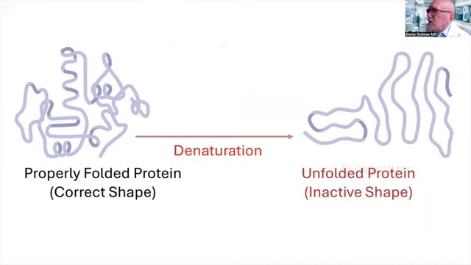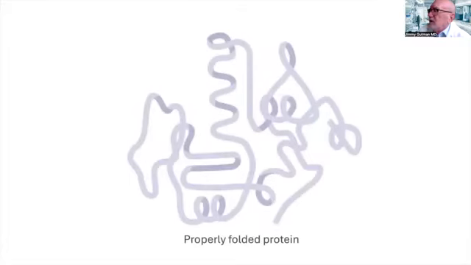And because its three-dimensional shape is changed, the protein loses its biological activity. It won't do what it's supposed to do. Let's take a closer look at this original protein, the one that has the proper original shape, the one that is folded properly.